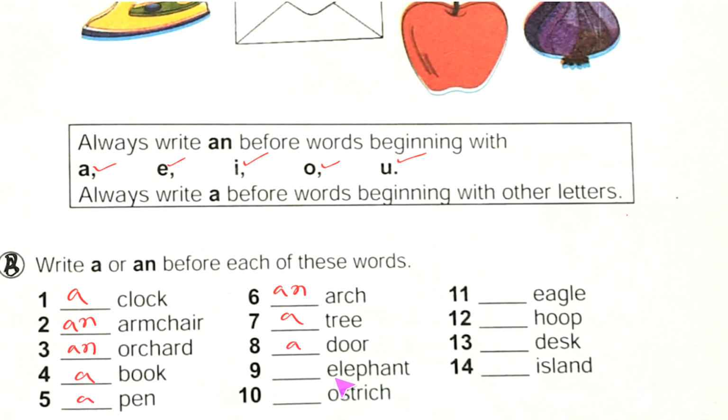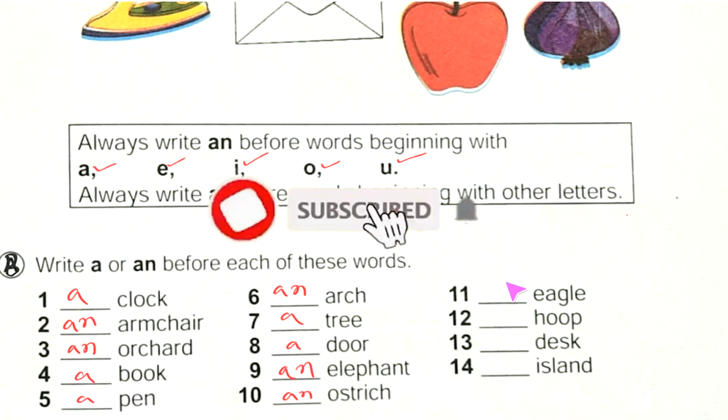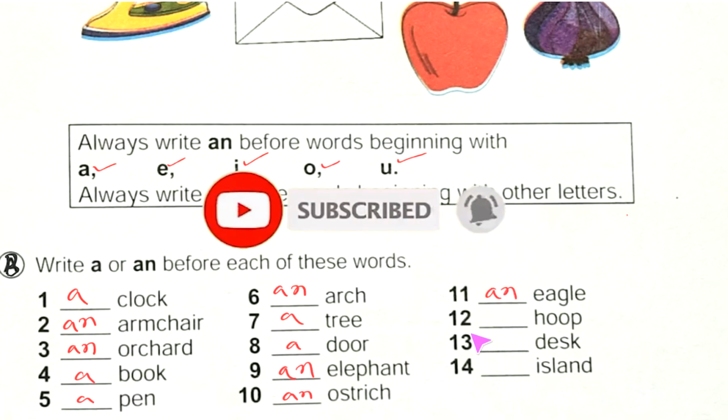Elephant has started with E, here it is, so we will write an elephant. Ostrich has started with O, here this is, so blindly you will put here an. Eagle, it is started with E, so we will put here an.